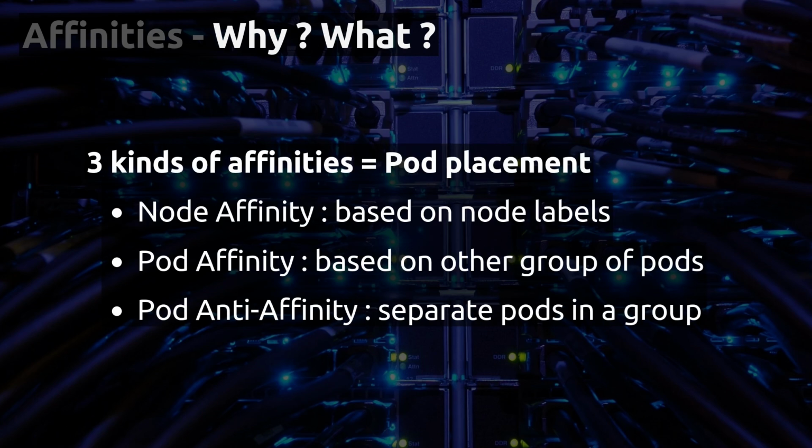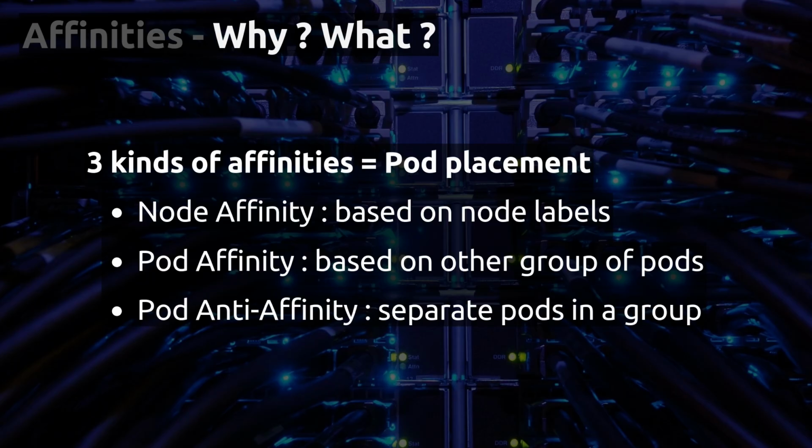If we sum up, we have three kinds of affinities. Affinity is about pod placement, maybe through the node affinity, based on node labels. We can have node labels based on the zone, on the region, or on the hardware, like we said.